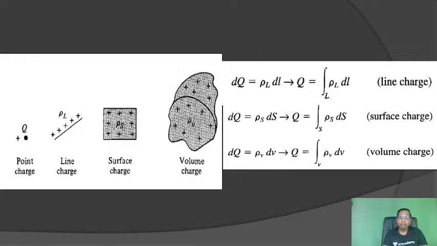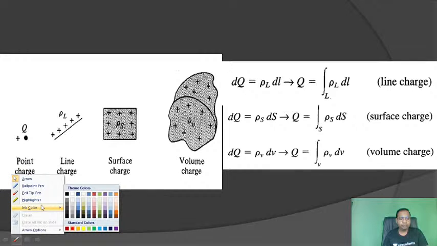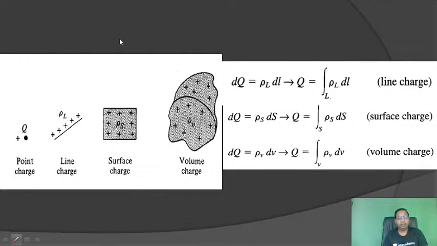So if you take rho L, rho S or rho V, as I told, rho L, the line charge density, is the rate of change of charge along the line.